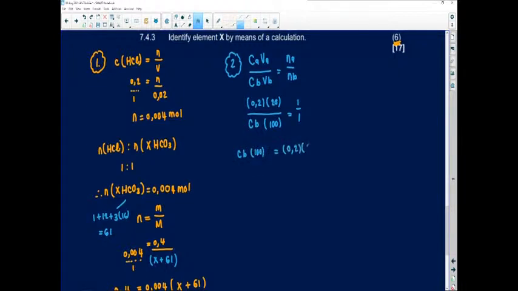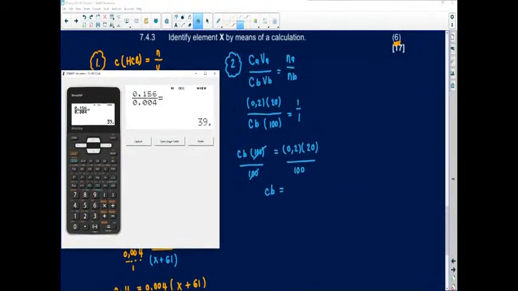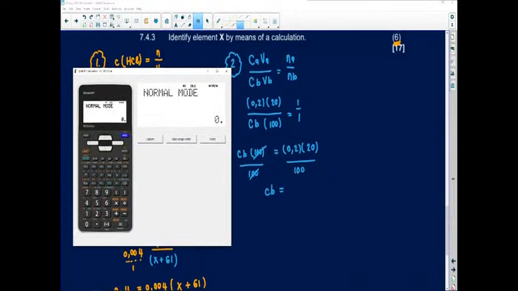Now, I always like to put this once in a calculator. I'm going to divide both sides by 100. What you do on the one side, you do on the other side. 100 and 100 will cancel. Then I'm going to be left with the concentration of my base. I'm going to put this in my calculator. The reason why I put everything all at once is so that I don't have to keep converting to 2 decimal places and so forth the whole time and write big numbers.